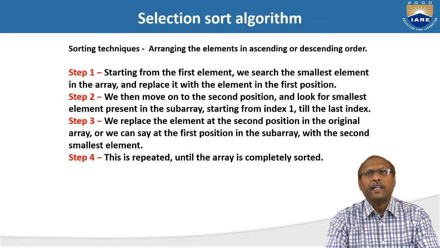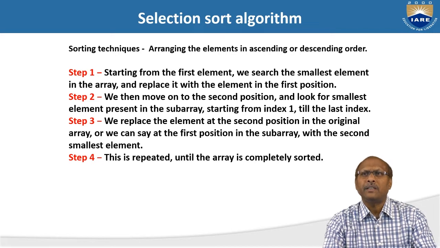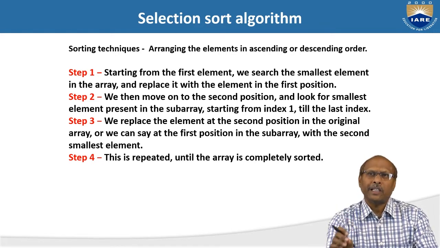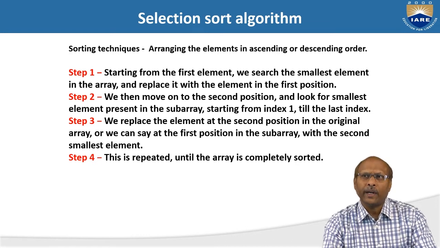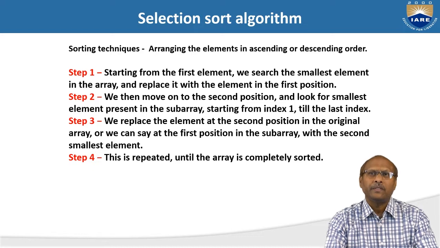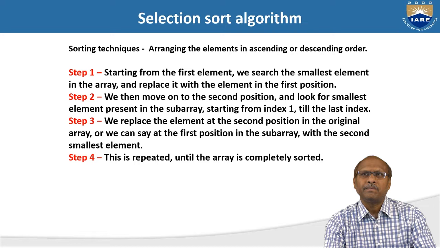Step 1. Starting from the first element, we search for the smallest element in the array and replace it with the element in the first position. So step 1 says choose the first element and try to find the smallest element in the array and replace it with the first position. In step 2, we then move to the second position. That means after first, you have to go to the second position.